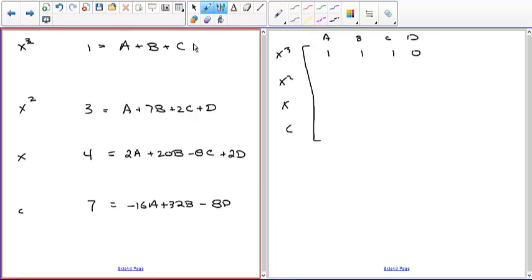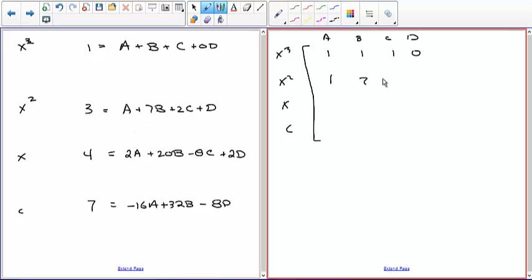So there's plus 0d. And then the second one, I have 1, 7, 2, and 1. The third, I've got 2, 20, negative 8, 2. And the final, I've got negative 16, 32, 0, and negative 8. So that's my coefficient matrix.